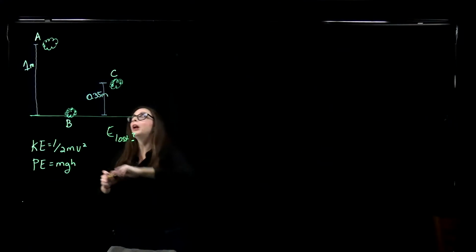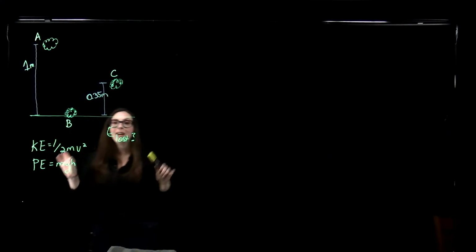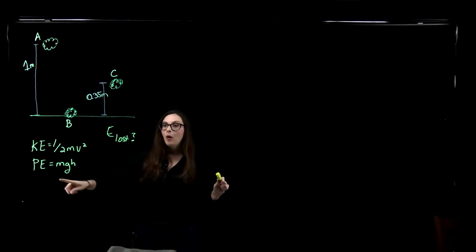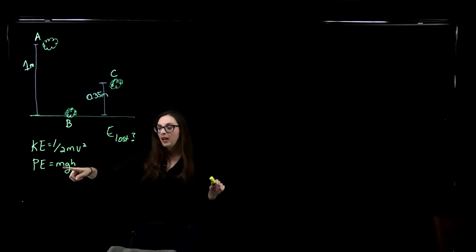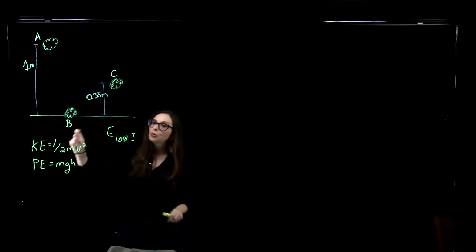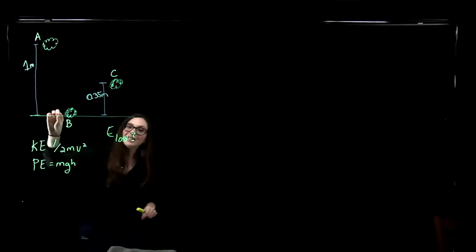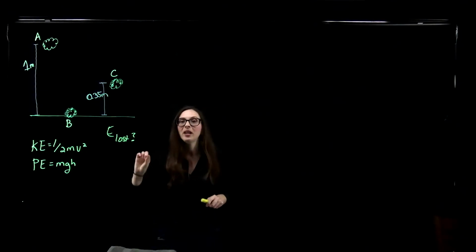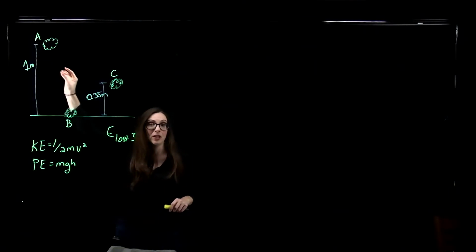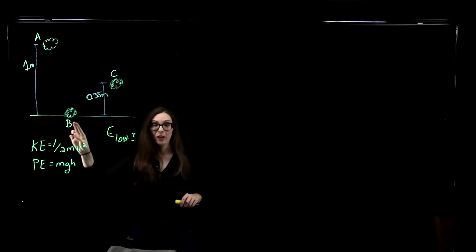Okay, so when our ball is up here before we drop it, it only has gravitational potential energy. Our gravitational potential energy is mass times gravity times its height above the ground. When it strikes the ground, or at the very instant just before it strikes the ground, it has converted all of that gravitational potential energy into kinetic energy.